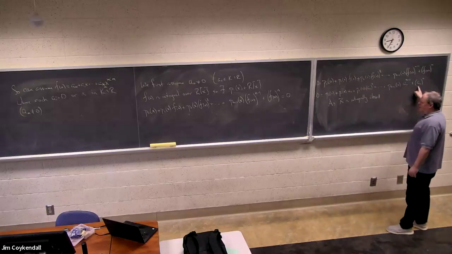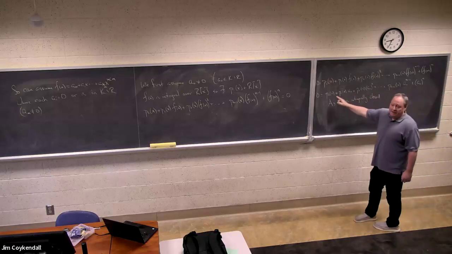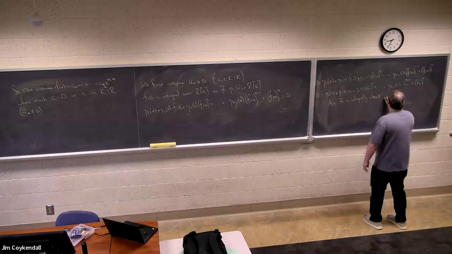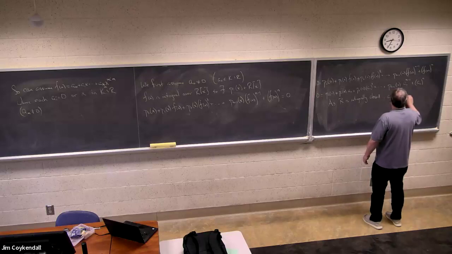Notice that A zero is an element of the quotient field that is the root of a monic polynomial, all of whose coefficients are in R. So A zero is in R, and this is a constant.